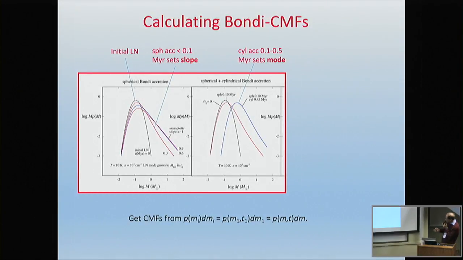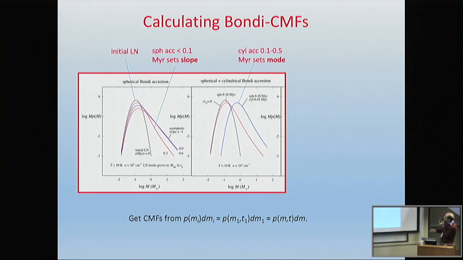Then, if you accrete from that point forward by a more cylindrical accretion, the profile has the same shape. You see the blue curve has exactly the same shape as the red curve, but it's translated to higher mass. That's a consequence of the fact that you are now accreting with m dot going as m to the 1 rather than m to the 2.